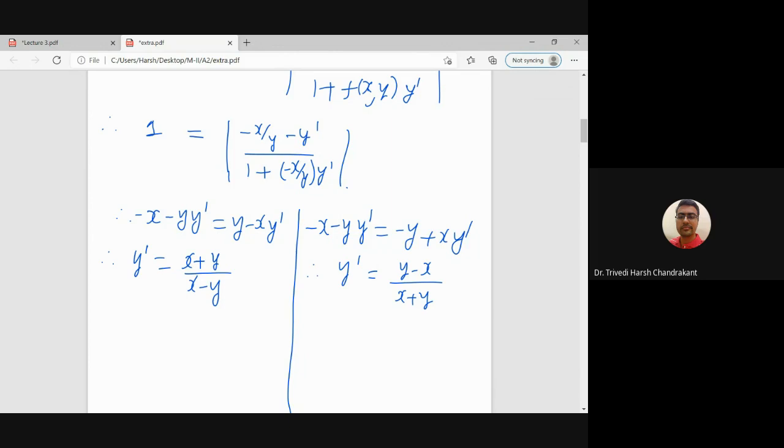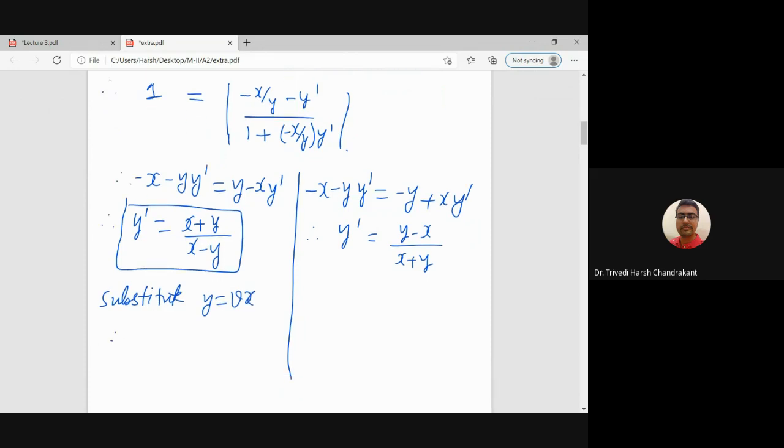So then we know that this is a homogeneous differential equation in x and y. That means we can substitute y is equal to vx to solve it, and in that case y dash will be x v dash plus v.